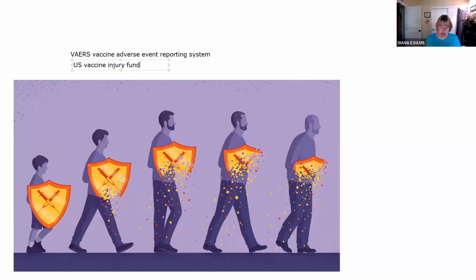Most of the serious side effects are severe allergic reactions. These are very, very, very rare. This fund requires proof that you got a vaccine and that whatever injury you're reporting, you actually had it. So a doctor has to go in and say, yes, this person had temporary paralysis, or yes, this person had anaphylactic shock.